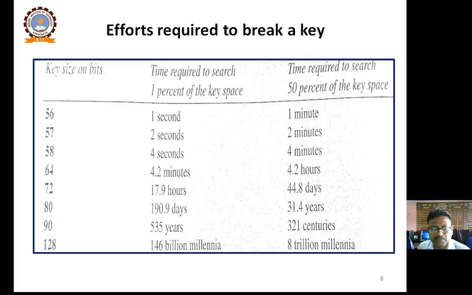But if the key size is 128, it is going to take 146 billion millennia to search 1% of the key space, and 8 trillion millennia to search 50% of the key space. So meaning thereby, the mathematics has shown that if the size of the key increases by only 1 bit, the time required to search 1% or 50% of the key space is going to double.